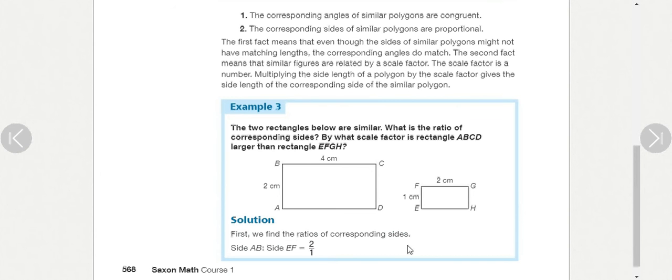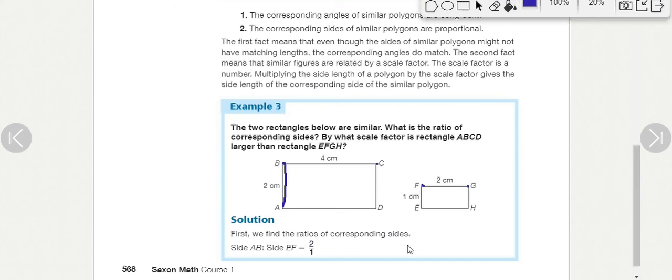We can build a ratio, a comparison top and bottom number for corresponding sides for rectangle ABCD and EFGH. First of all, let's figure out, are they oriented the same? What's the corresponding parts? I think BC looks to match up with FG, or EH, but it doesn't matter. Okay, and then AB matches up with EF. Those are corresponding sides.